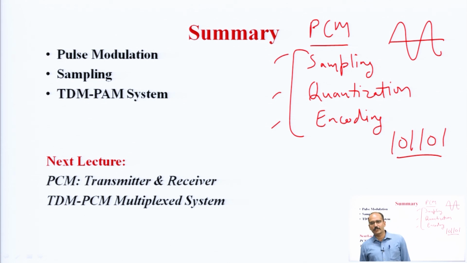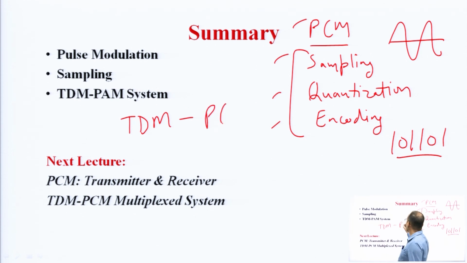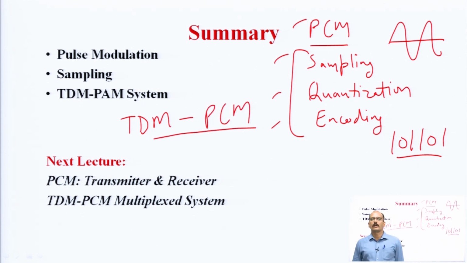In the next lecture we are going to perform pulse code modulation using these three steps. Then we are going to combine it with the TDM technique, and we get the TDM PCM system, which is a digital multiplex system.